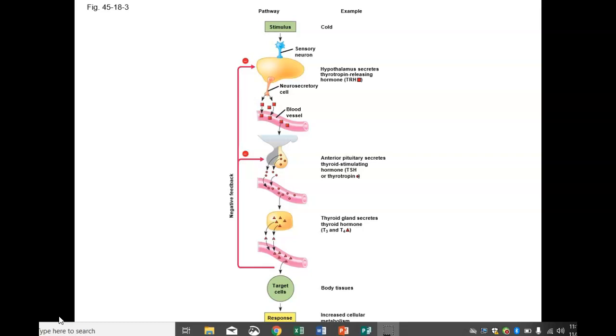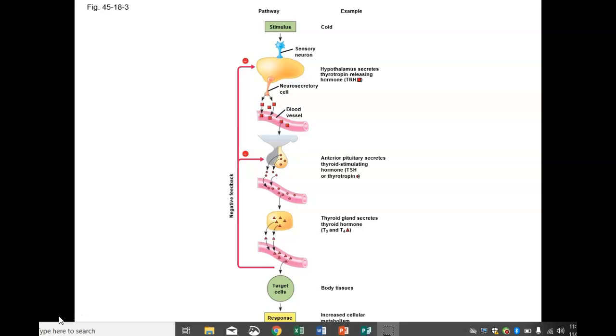So let's say that you get cold. A sensory neuron is going to determine a drop in temperature. It's going to send a signal to the hypothalamus, which is going to secrete thyrotropin-releasing hormone, also known as TRH, into your blood vessels.